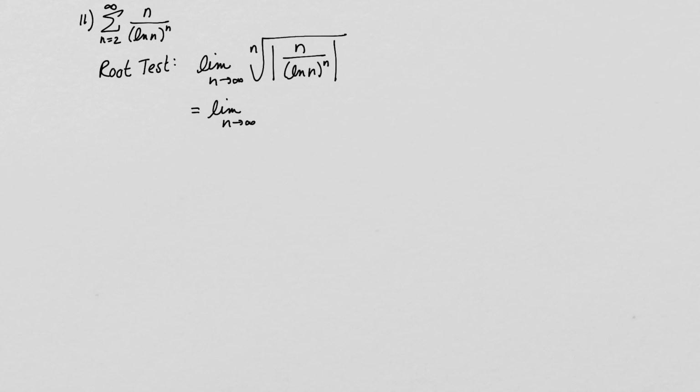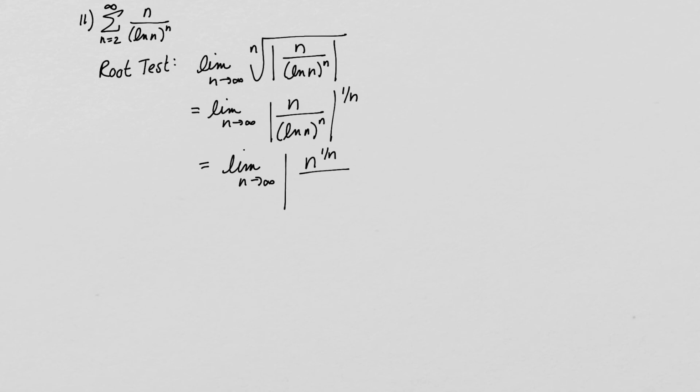So this is going to be (n over the natural log of n) to the n, all to the 1 over n power. If I distribute that 1 over n, we have the limit as n approaches infinity of n to the 1 over n, all over the natural log of n.